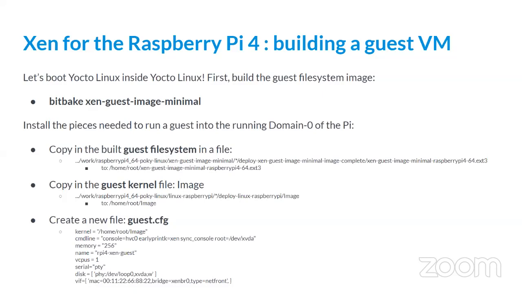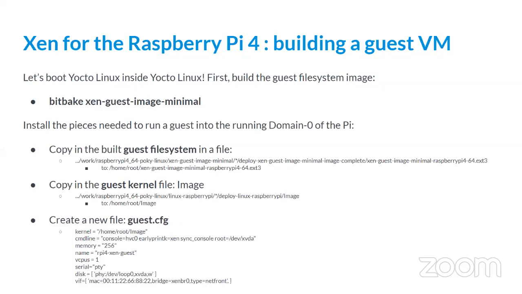So at this point, you've got a hypervisor. You can now use it to run a virtual machine on that host. So let's build a copy of Yocto Linux to run as a guest.